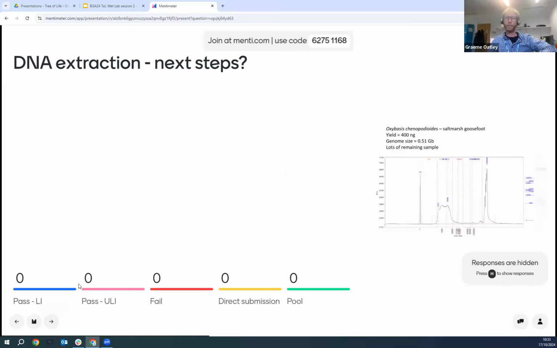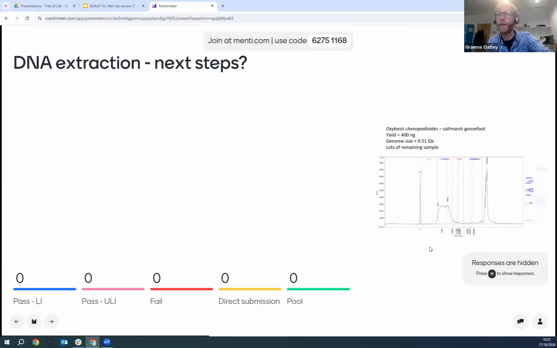Okay, here's a really strange looking sample. So this is a plant with a yield of 400 nanograms, genome size of 0.51, lots of sample remaining.